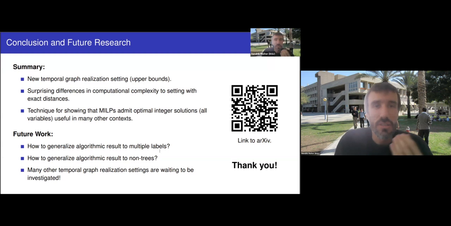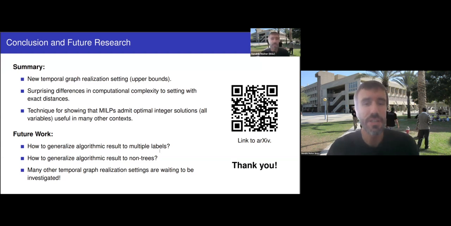Or in this setting, we could also approximate the number of entries in the matrix that we are able to satisfy, in the sense that our duration is actually smaller than what the matrix gives us. But generally, I think this is a wide open field with a lot of interesting questions that can be explored. But we have so far no results in that direction.